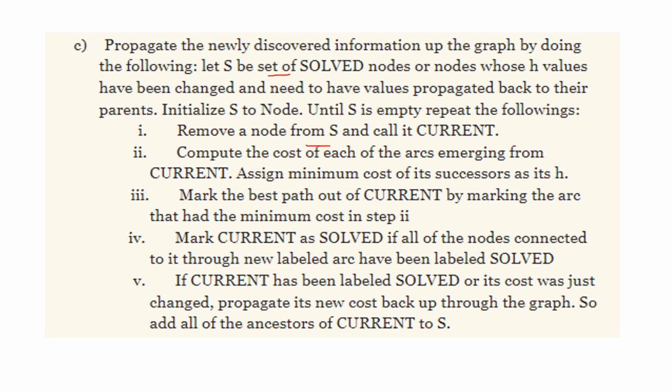Then we compute the cost. For an OR node, take the minimum. For an AND node, we have to take the sum. We have already seen this in the previous example. Then mark the best path: highlight the arc with the minimum cost, and this becomes the current best path.